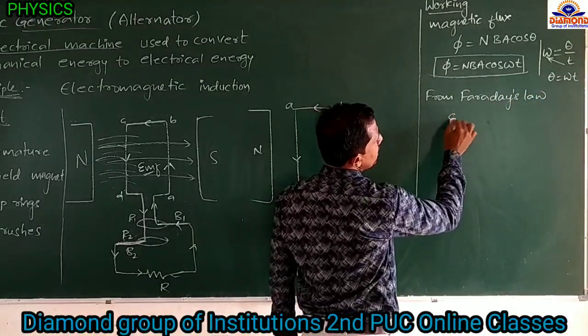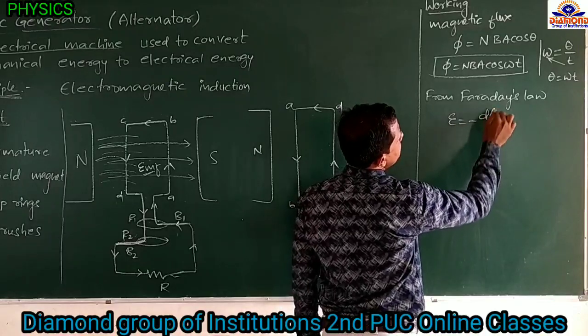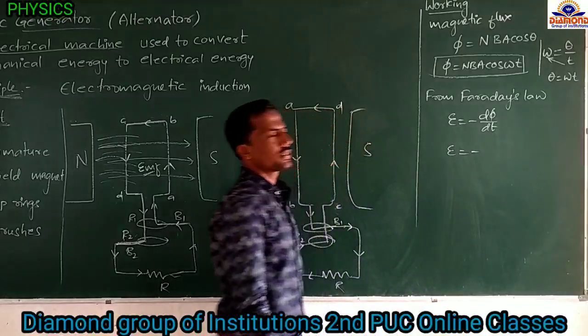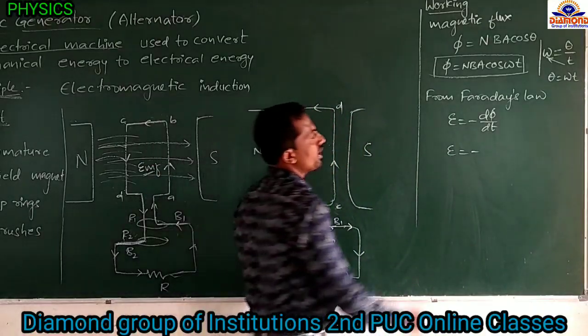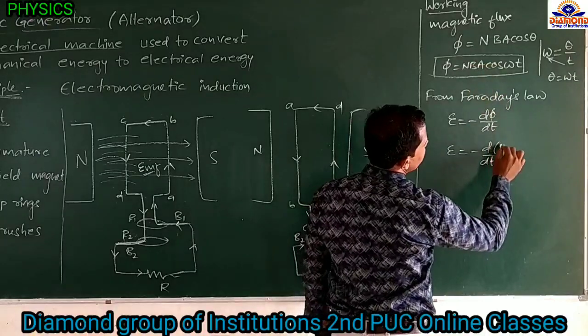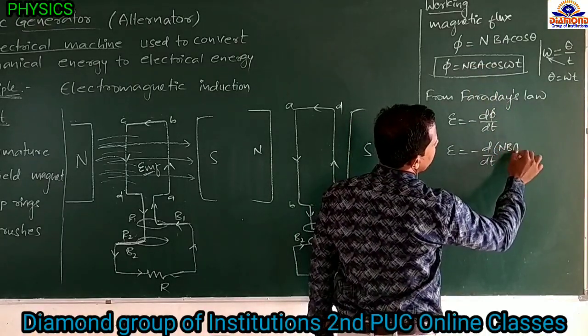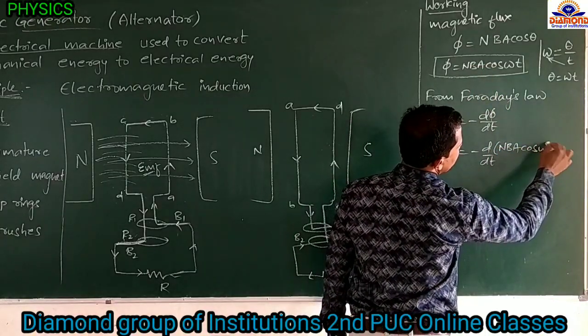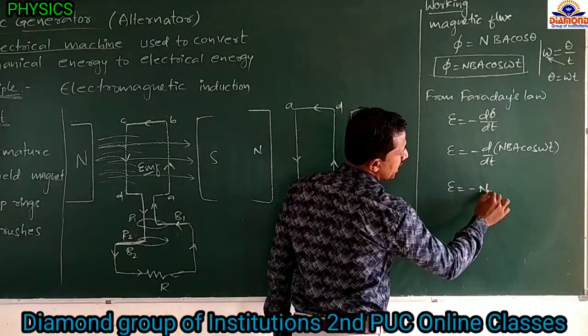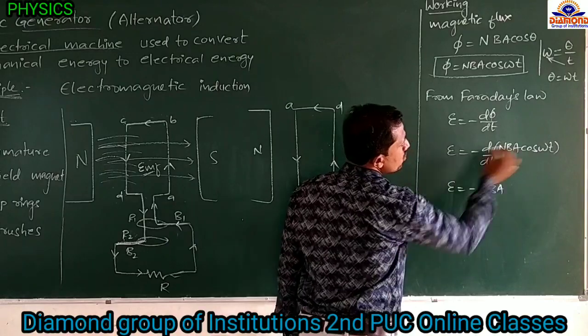What is the equation? E equals minus d phi by dt. Phi equals N B A cos omega t. Then we write E equals minus N B A, taking it outside.